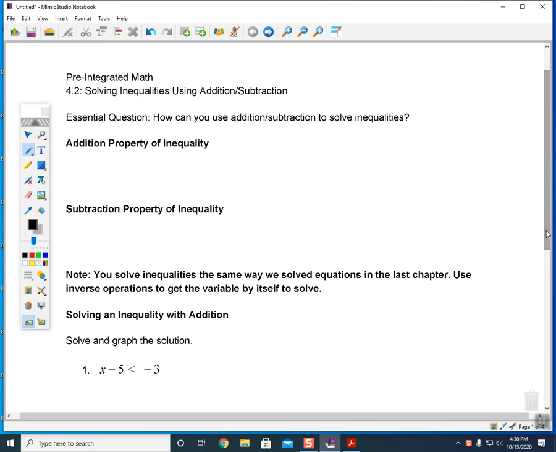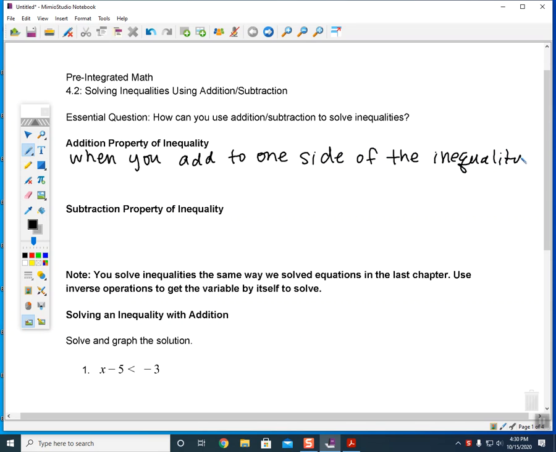My addition property of inequality, all that says is when you add a number to one side of the inequality, you need to add the same number to the other side.